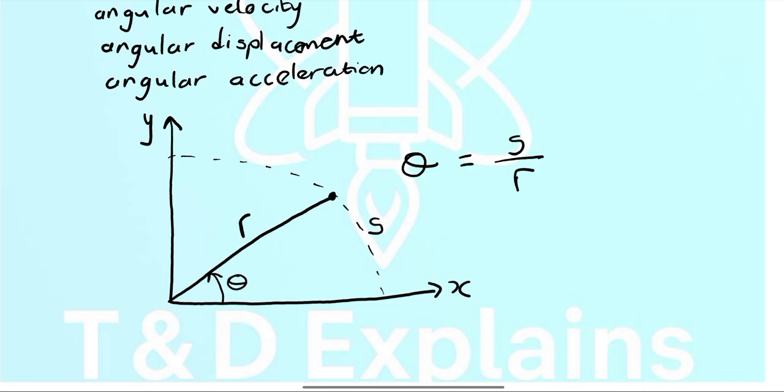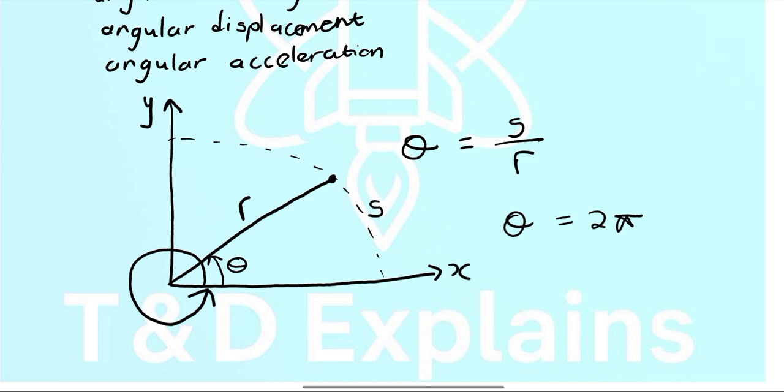One thing that you have to know is that suppose an object travels a full rotation. Our angle theta will be given by 2 pi. That's one thing that you have to always know.